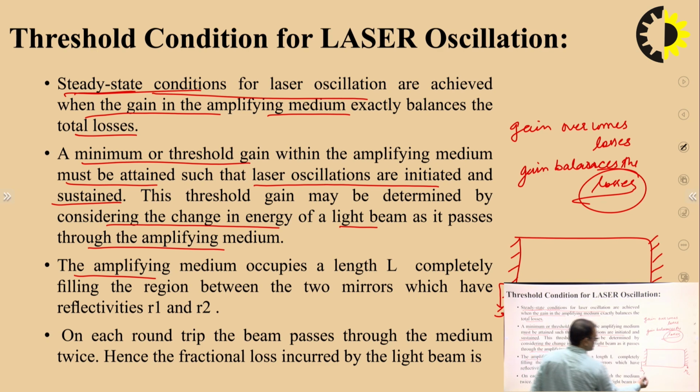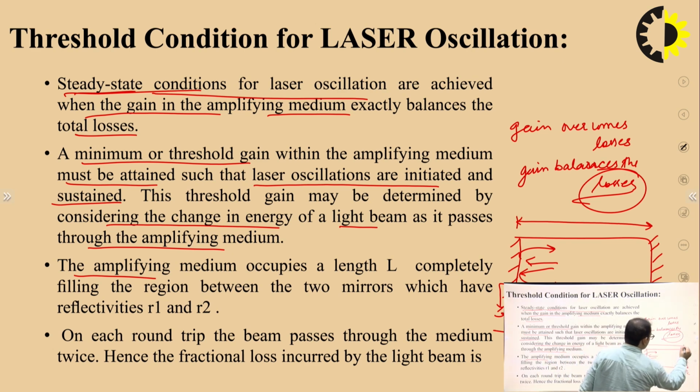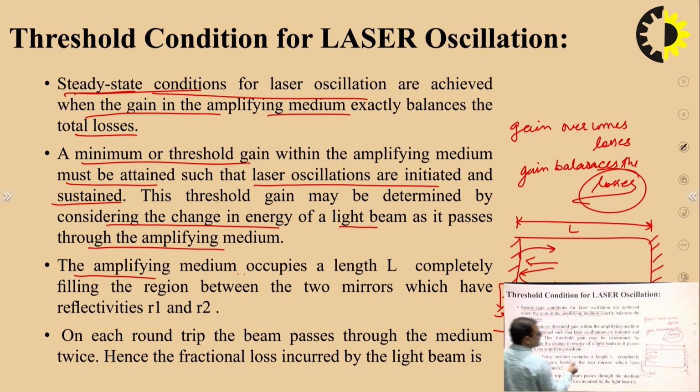If the reflectivity R is 100%, it is opaque, meaning no photon can pass out, and all photons incident on it will be reflected by the mirror. Let's say the length of the cavity or amplifying medium is L, completely filling the region between the two mirrors having reflectivities R1 and R2.